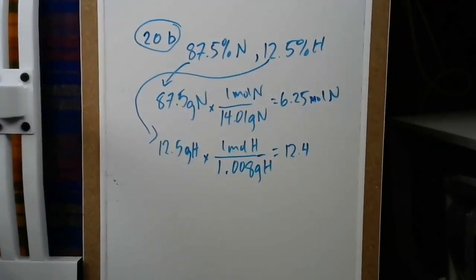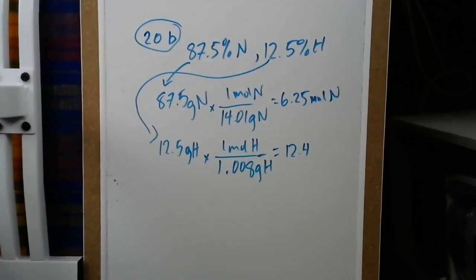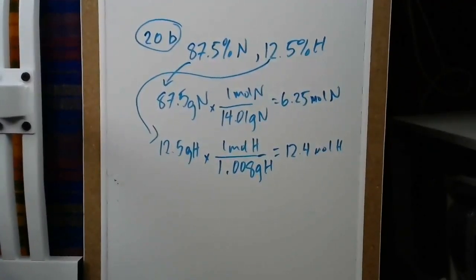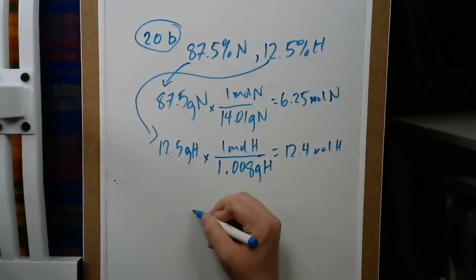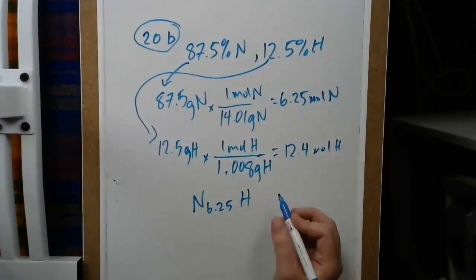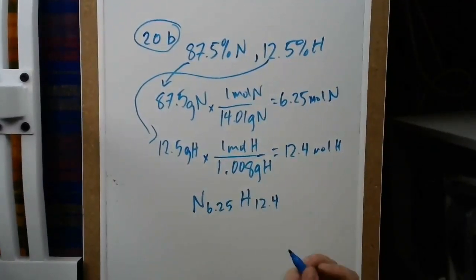Okay. I hit clear before I got my decimal. Oh no, that was fine. Okay. And now I'm going to rewrite this. Okay. So I have N 6.25, H 12.4.